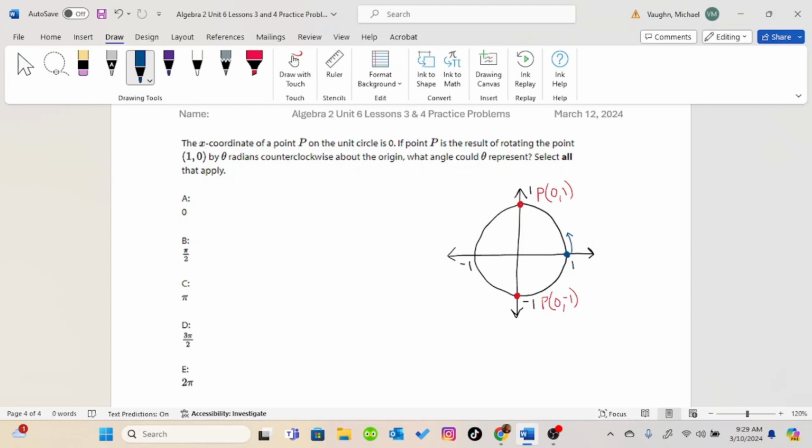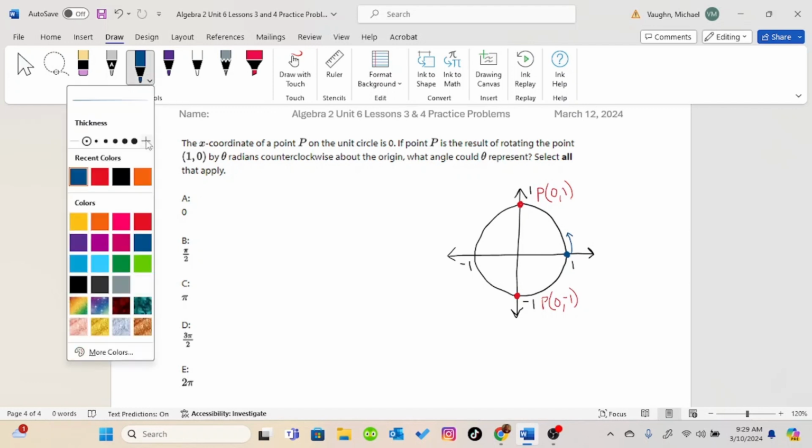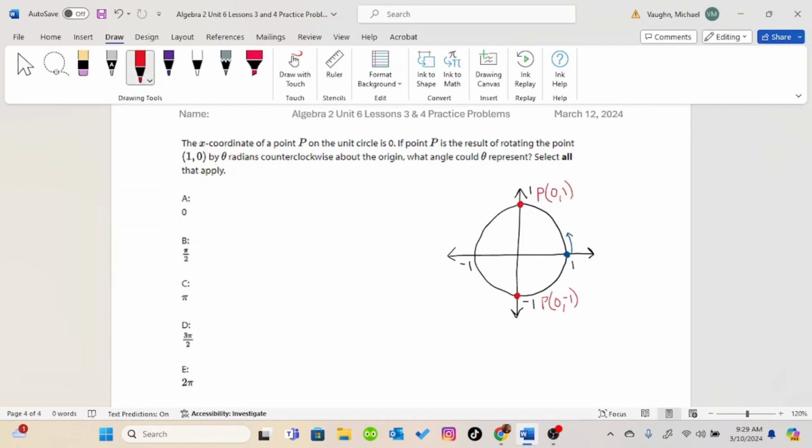And they want to know what angle could theta represent. So let's take a look. Choice A is no rotation. Well, if we don't rotate, we're here where the blue point is at (1, 0), and we're not at either of the red points. So A is not correct.